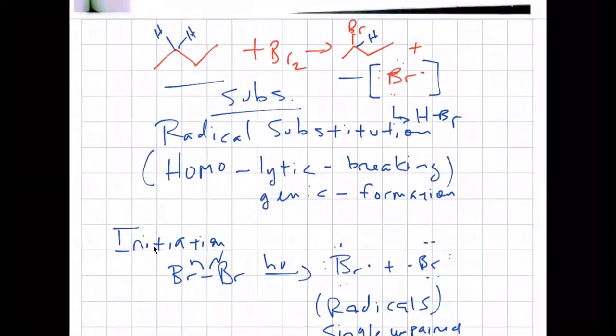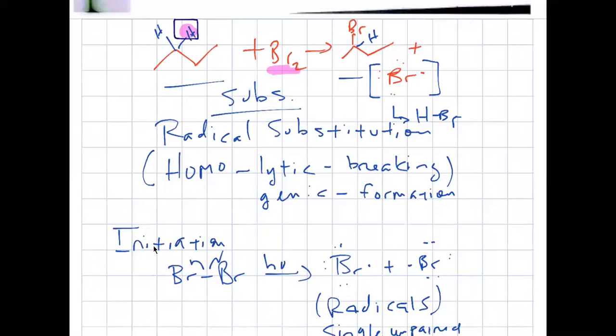In this case, you're substituting a hydrogen that's shown here with bromine, but it's just not a direct substitution, right? It's an example of a substitution. And one of the things that has to happen for radical substitution is you have to remove this hydrogen and replace it with a bromine. But since it's radical, it's not a direct replacement.